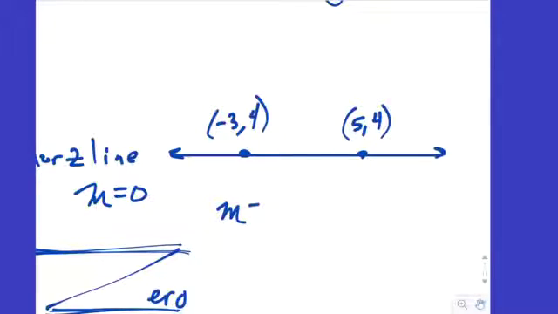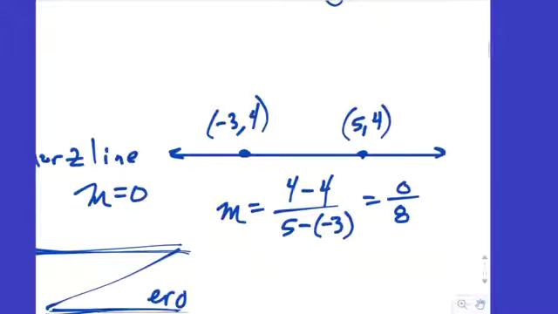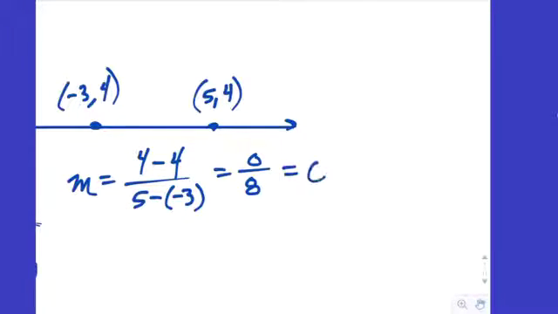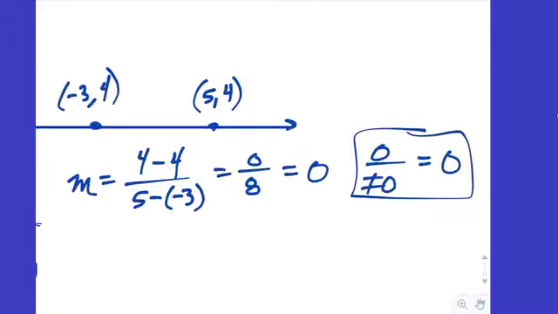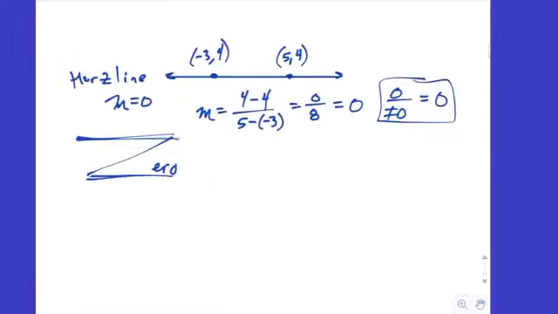So if you found the slope, you would have 4 minus 4 all over 5 minus -3, which would give you 0 over 8. What's 0 divided by any non-zero number? 0. Because there's no rise, the y's difference is 0. So anytime you get 0 over non-zero, you're going to get 0. And that's why a horizontal line has a slope of 0.